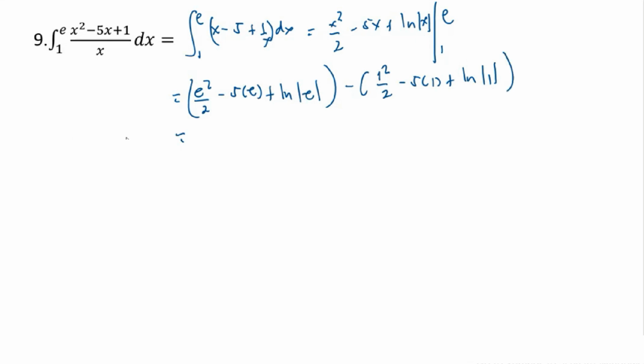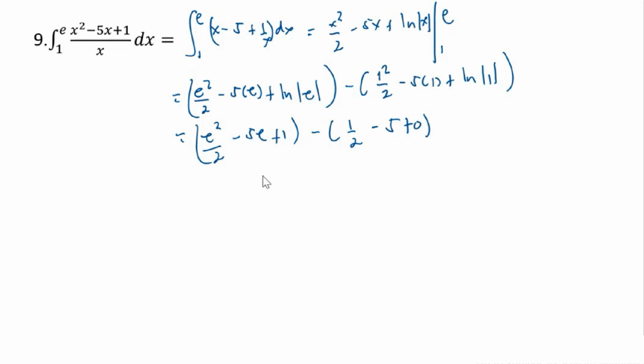So by simplifying, this is now, we have e squared over 2 minus 5e plus ln of the absolute value of e is 1. Okay, minus 1 squared is 1 over 2 is 1 half minus 5 plus ln of 1 is 0. So since ln of 1 is 0, I'll just write there 0 to know that it is 0.